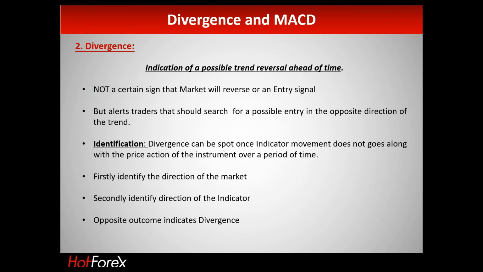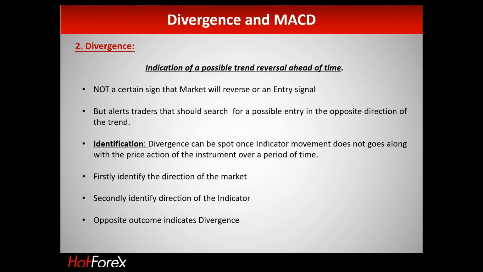I will firstly explain what divergence is, because I'm not sure if anyone is aware of what divergence is. What we mean by divergence? Divergence is an indication of a possible trend reversal ahead of time. So if I say that in simple terms, is when you have indications, you have signals that the price action of your instrument, the trend, is about to change its direction.